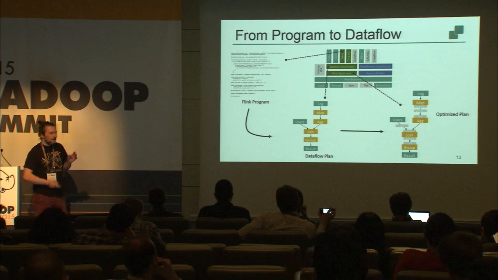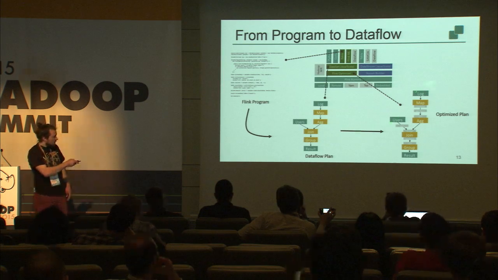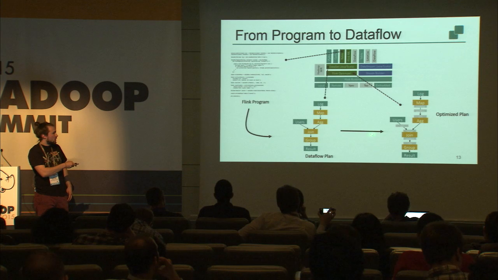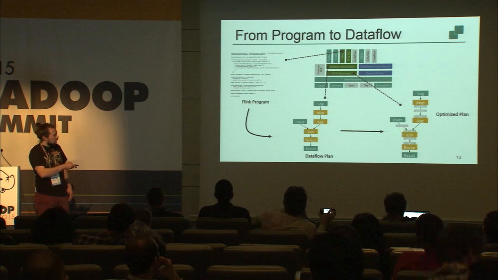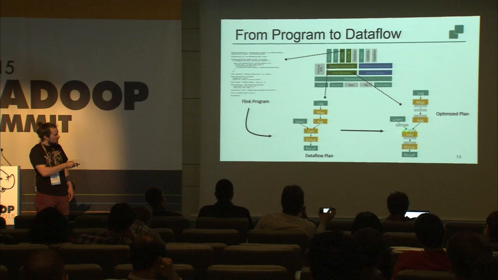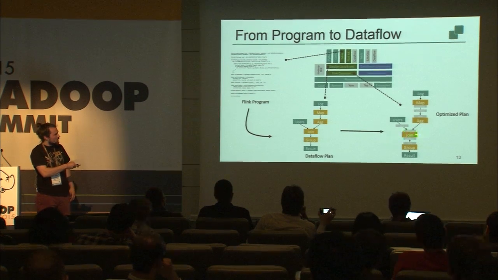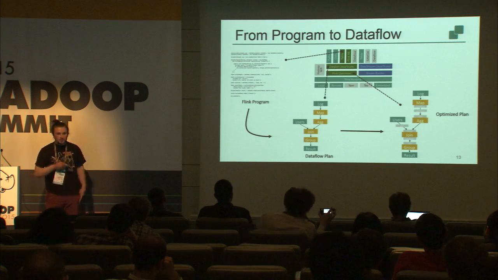The system, based on properties of the data, picks the correct join strategy. And also, if you have a sort-based join strategy, you might be able to reuse this sorting on the grouping operations, because the grouping operation is also a sort-based operation.